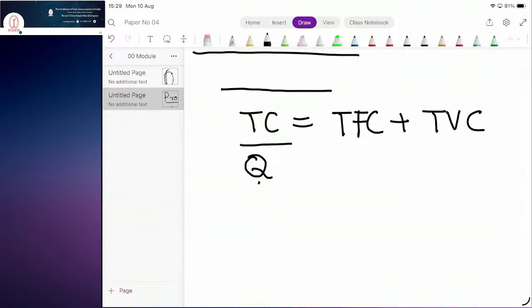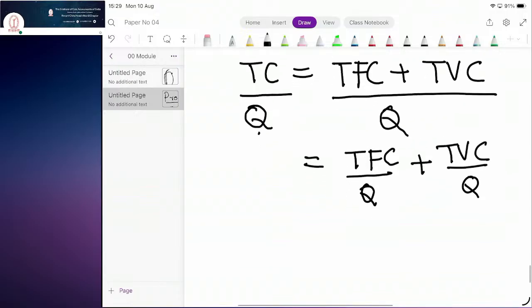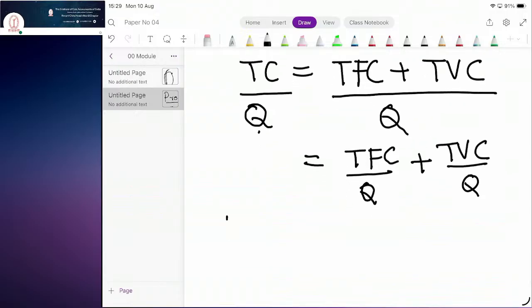But mathematically I can divide the right hand side also by Q, correct? And by the rules of arithmetic this becomes TFC upon Q plus TVC upon Q. Right? So now these have very famous names. On the left hand side we have what is called average total cost, ATC.